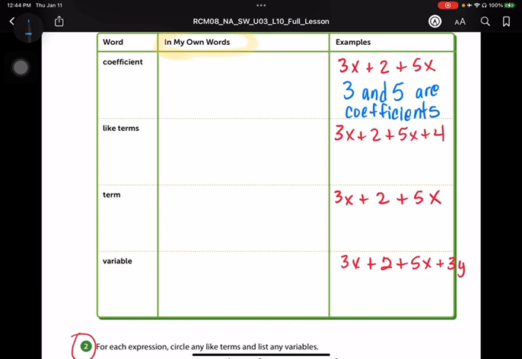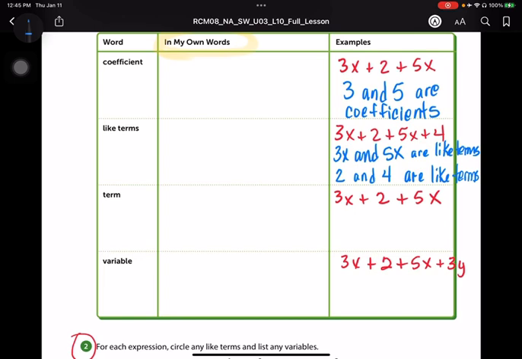For your like terms, you should have had 3x and 5x are like terms, and 2 and 4 are like terms. The ones that have the same variable are like terms. 2 and 4 are also like terms because they both are numbers. So numbers go with numbers, variables go with variables.